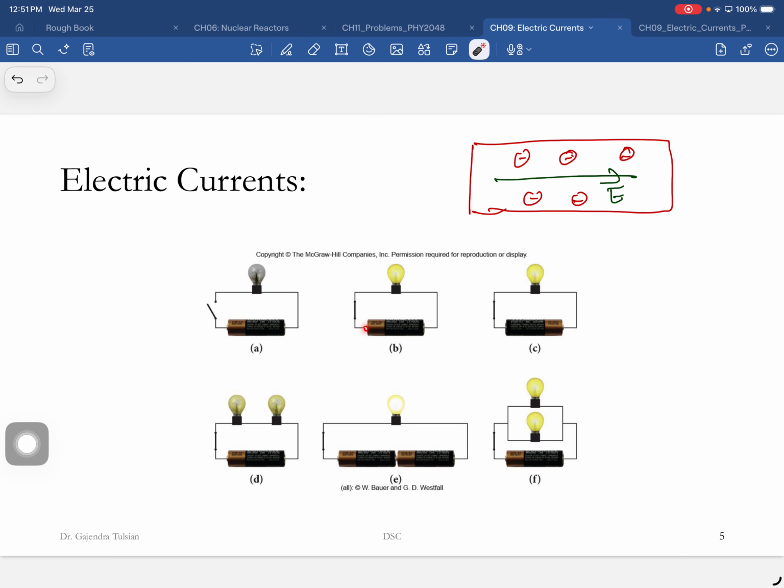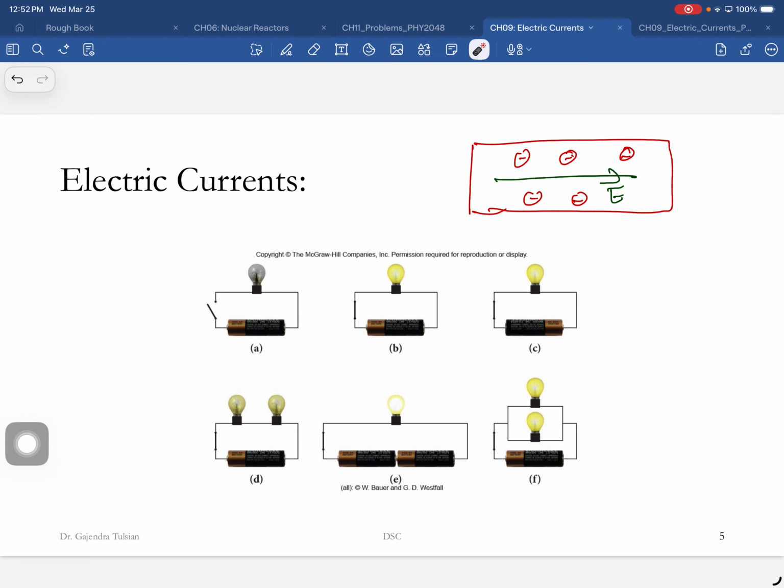But the historical convention is to say that current flows like that. So here you see the current is flowing in this direction. And what that illustrates is this device doesn't care how the current flows. It lights up equally well.